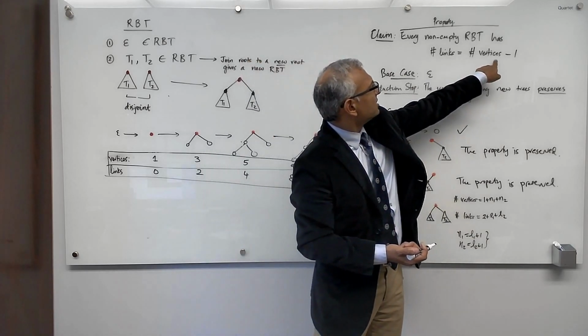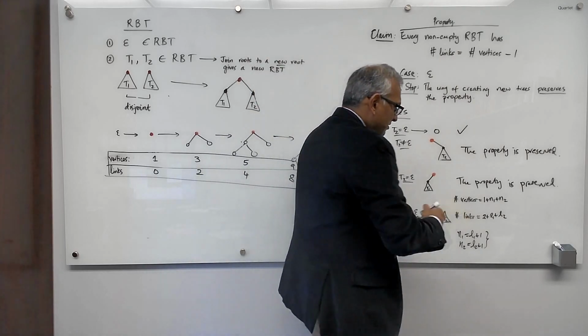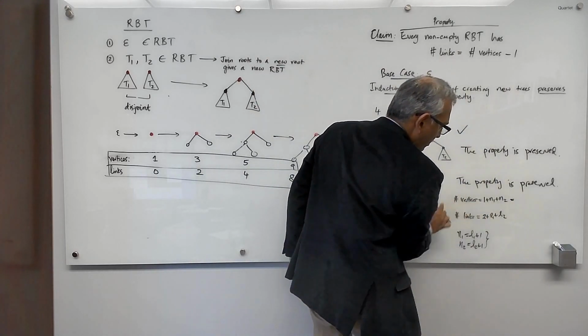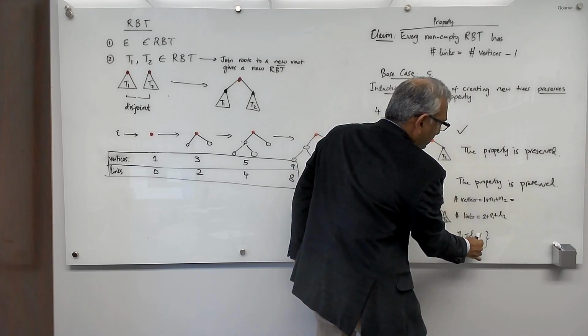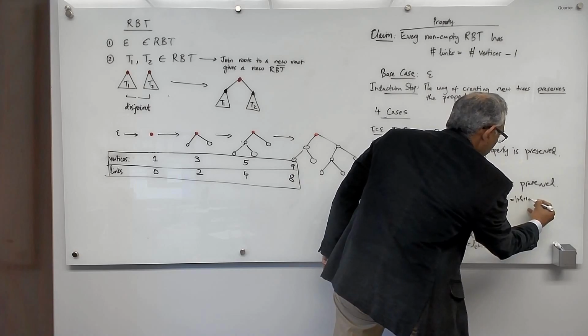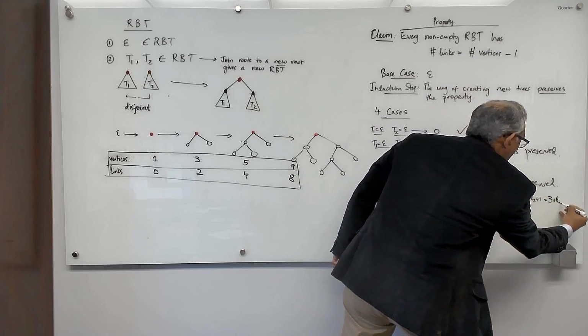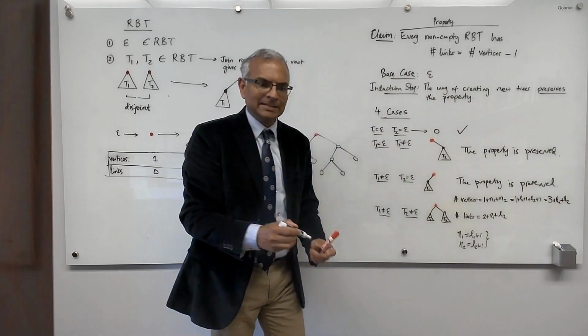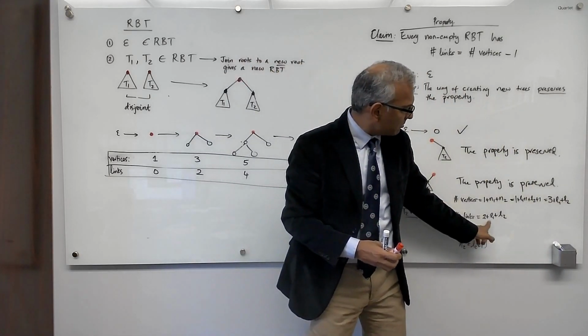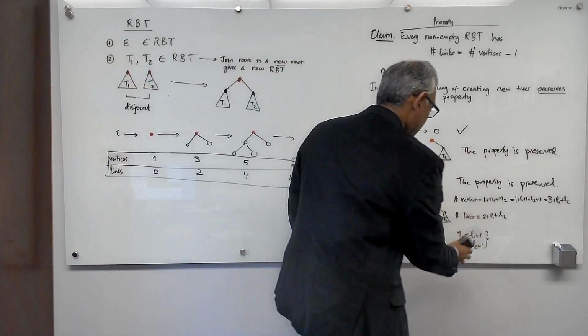In this case, here, this is 1 plus L1 plus 1 plus L2 plus 1, which is equal to 3 plus L1 plus L2. So that's 1 more than the number of links. So the property is preserved.